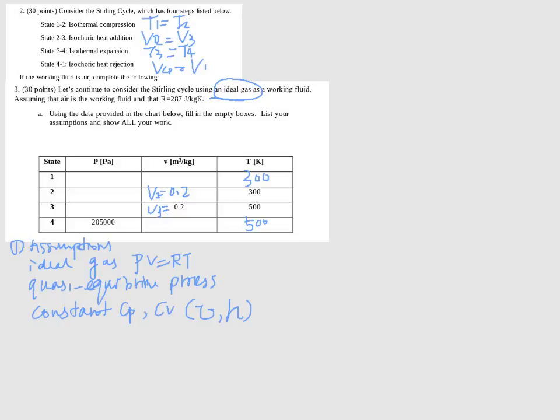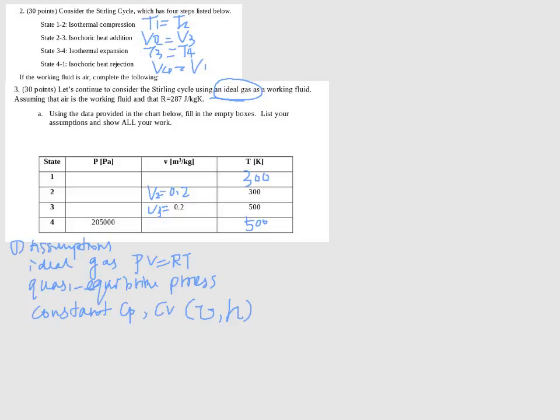From state relations, we know that if we know 2 intensive properties, we can calculate the third. So here we can use our ideal gas law to solve for the third property. For states 2 and 3, we have 2 knowns and 1 unknown, so we can start with either of them.